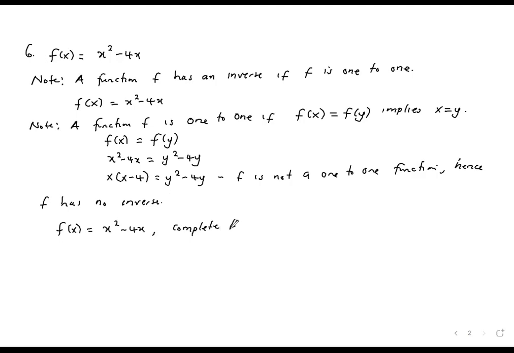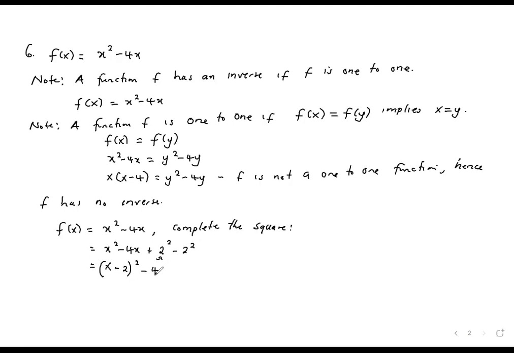We'll get x squared minus 4x plus the half of the coefficient of x. Since a for x squared is already 1, the half of the coefficient of x is 2. We'll have it squared minus the very square. So we'll get x minus 2, all squared, minus 4.